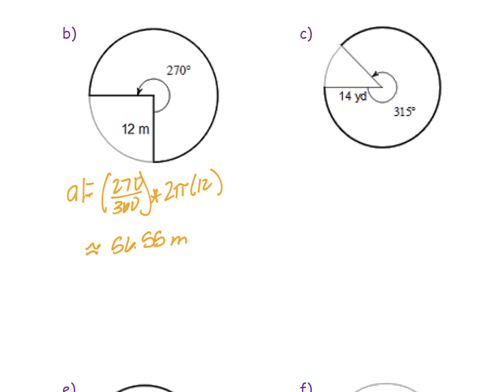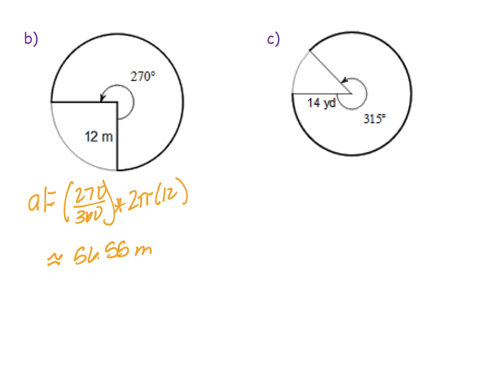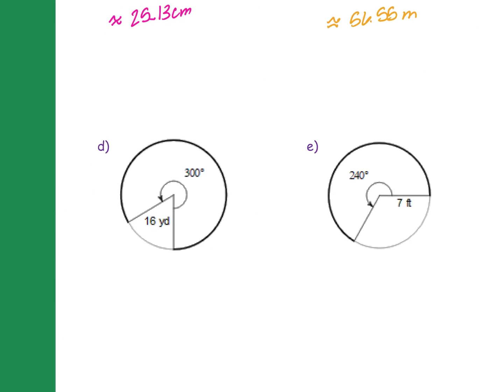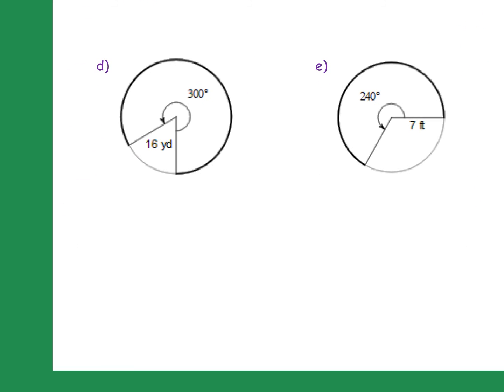Number C. The arc length is going to equal 315 over 360 times 2 pi times 14, which is approximately equal to 76.97 yards. Nice job, Ketland. Good job, after coming late, I know.